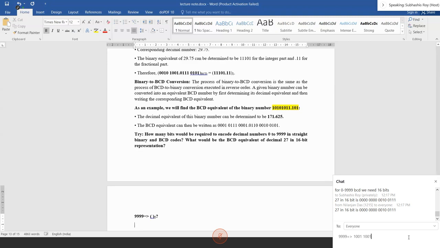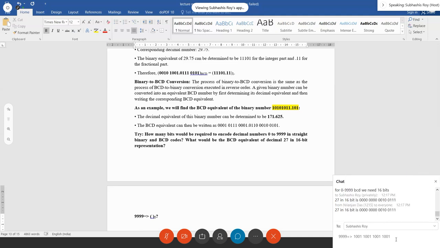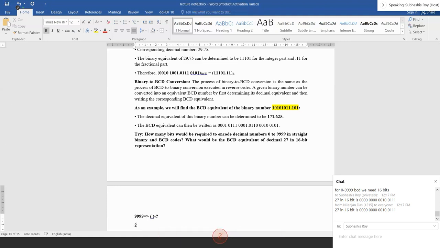You can take the log of this and get the complete result, or you can take powers of 2. So 2 to the power 10 is 1024.